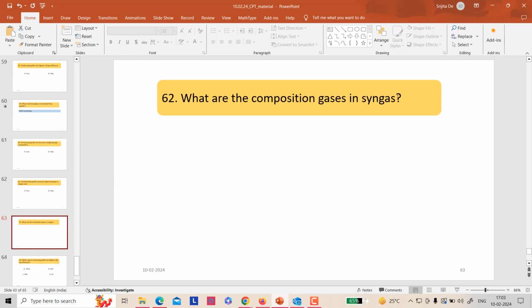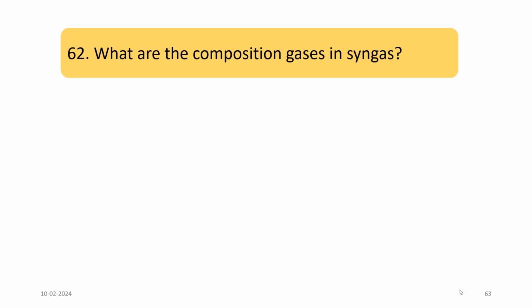Next is what are the composition gases available in the syngas, when it comes out from the gasifier. Only syngas is not produced, right? Along with syngas, other compounds are also produced in certain amounts in each of the gasifiers.